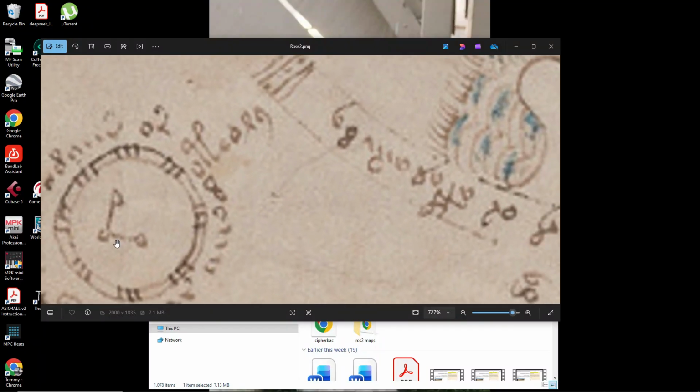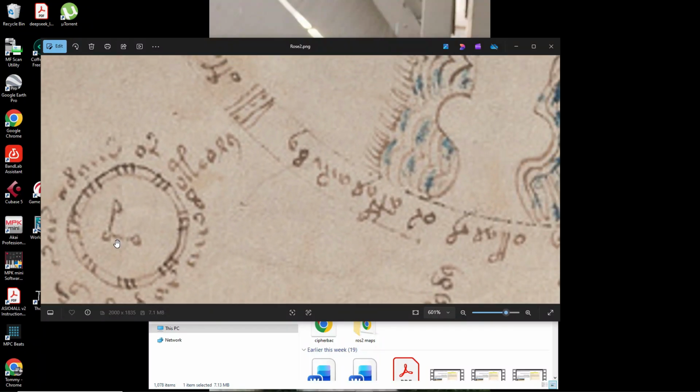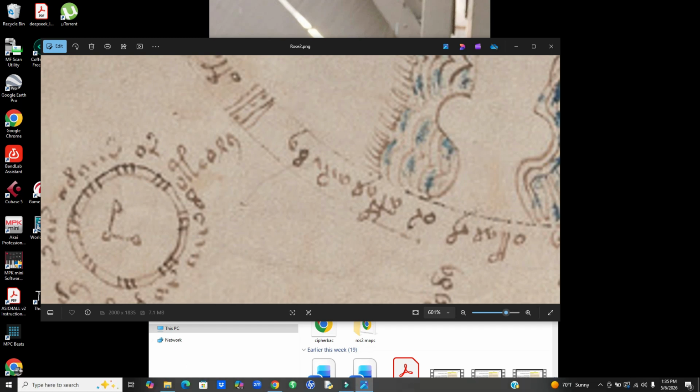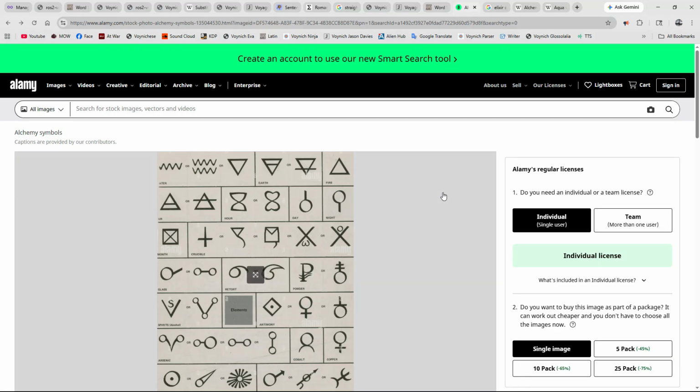This is the elixir symbol, L-shaped with three circles. Well, I just happened to find the aquavita, or elixir of life, water of life symbol, and it's right here.